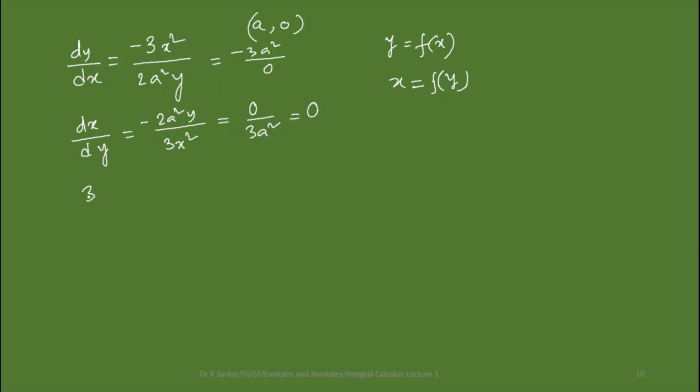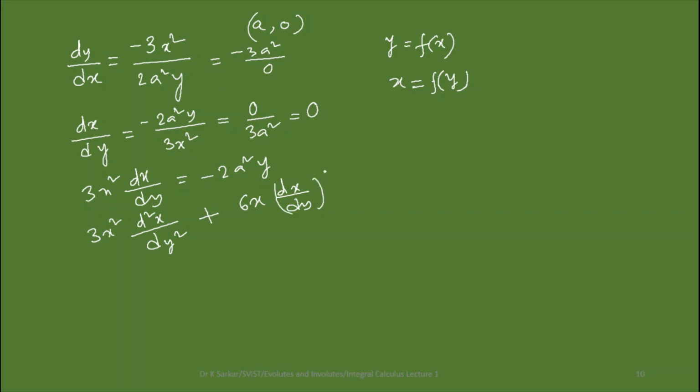So if we write 3x square dx/dy equals to minus 2a square y and differentiate it with respect to y, then we'll have 3x square d2x/dy2 plus 6x (dx/dy) whole square equals to minus 2a square.